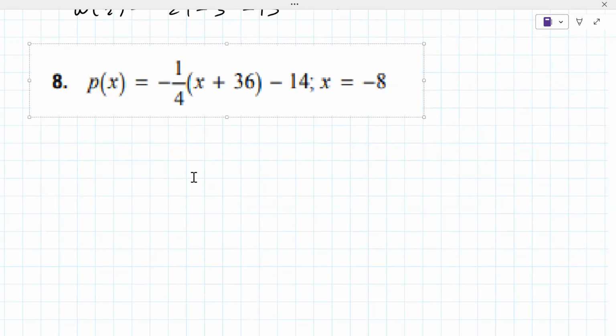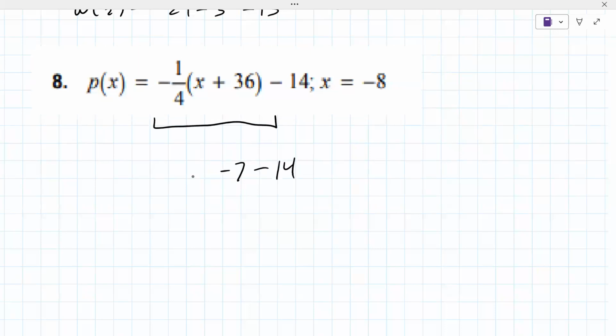P of -8 is -7. So this part becomes -7. Oh, that whole thing ends up being -7? Yeah. Okay, so you could first add 36, which is 28, and then you're taking -1/4 of that.